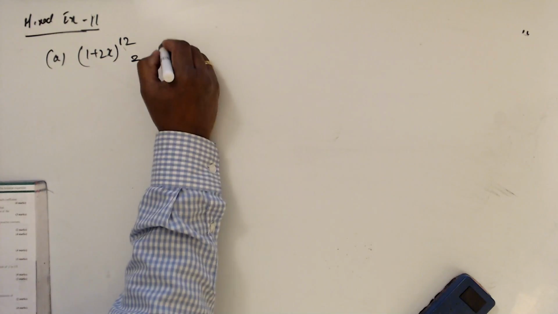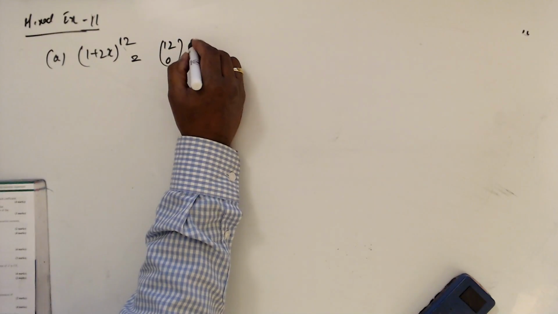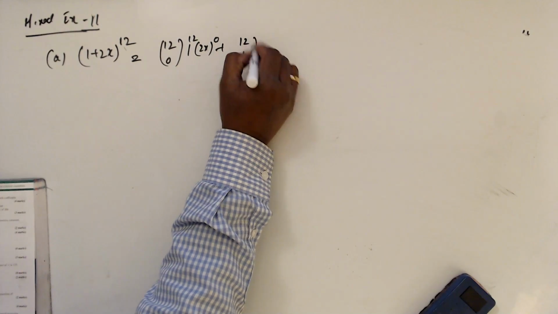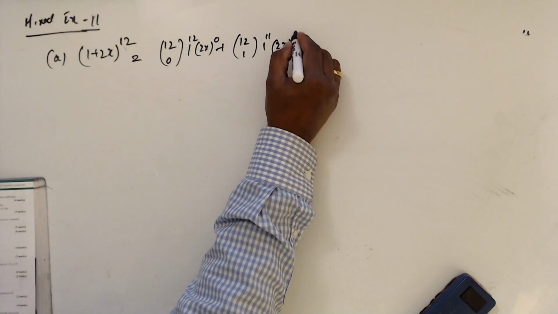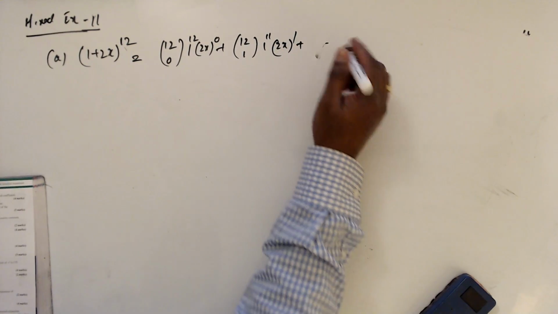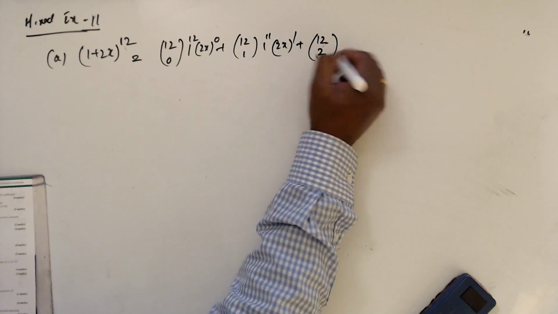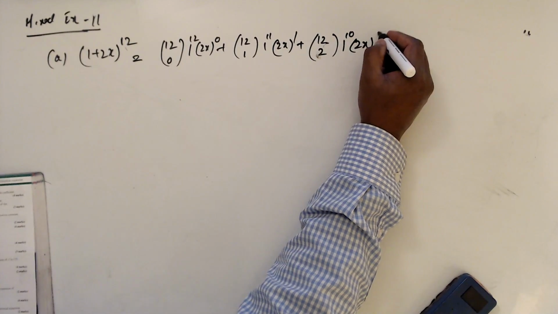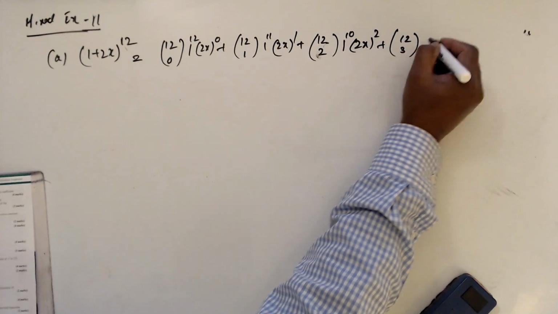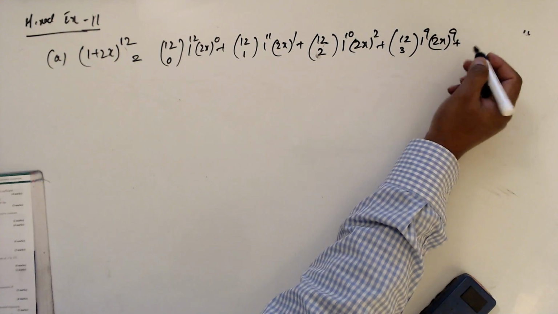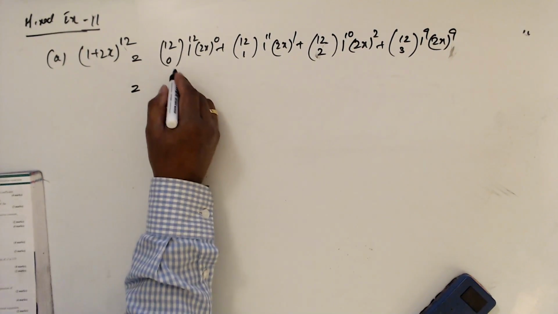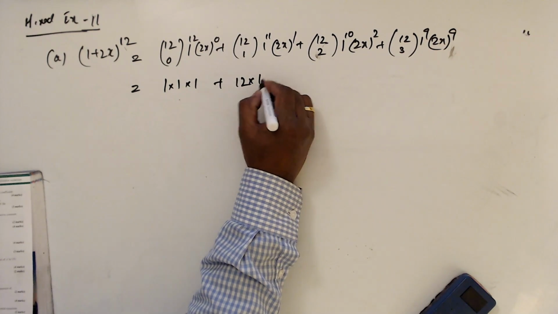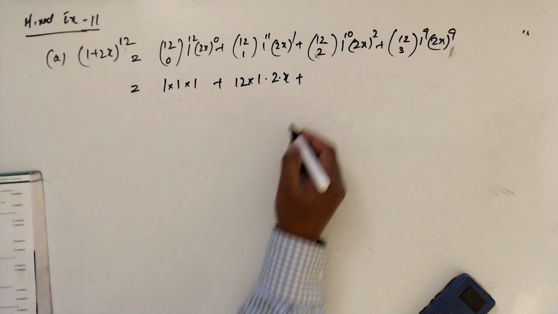Question number 11, this is (1 + 2x)^12. 12C0, 12C1 times 2x, 12C2 times 2x squared, and 12C3 times 2x cubed.